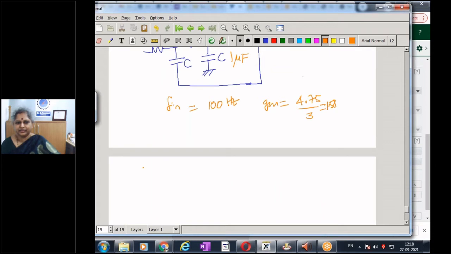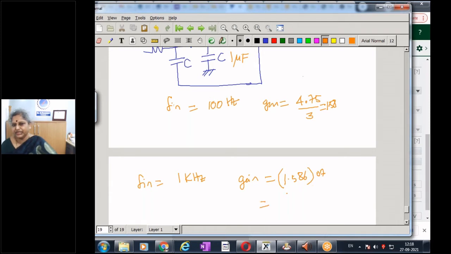Now let us change the frequency. My input frequency is say 1 kilohertz. What is the gain you are going to expect at 1 kilohertz? 1 kilohertz is a cutoff. My designed gain is 1.586, and at cutoff it gets multiplied by 0.707.